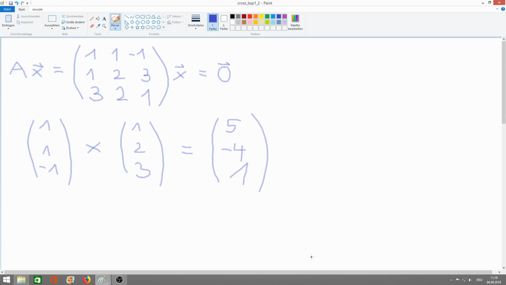Like in the last example, we have to insert this vector into Ax.